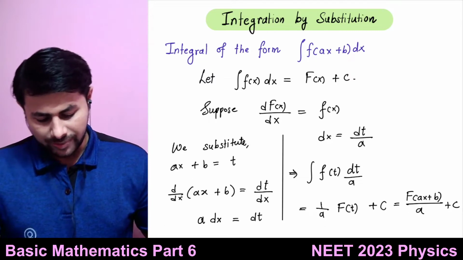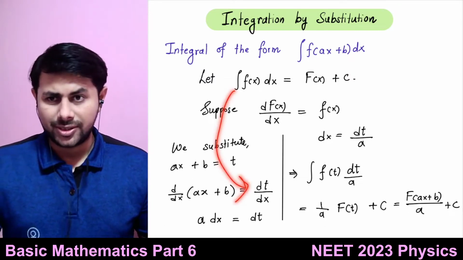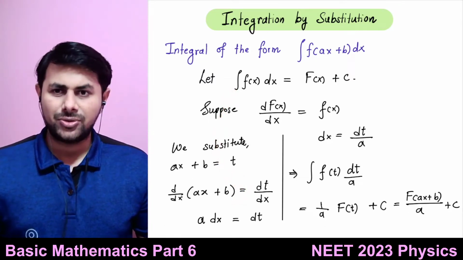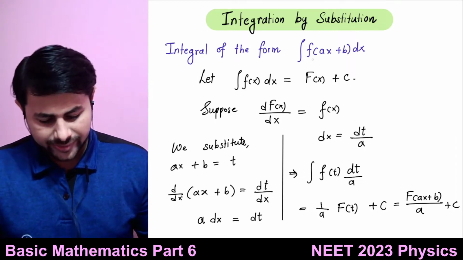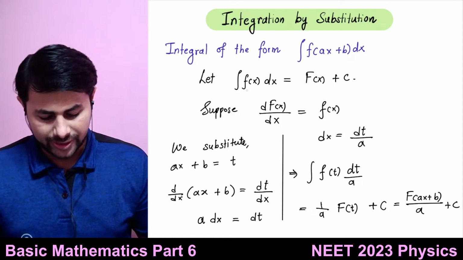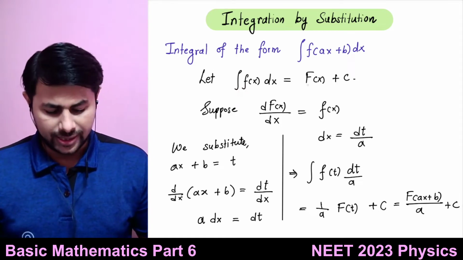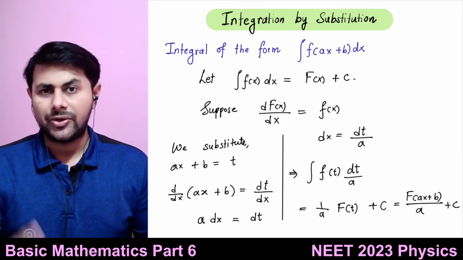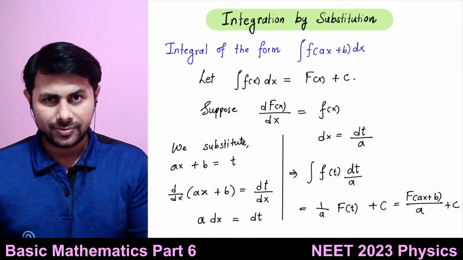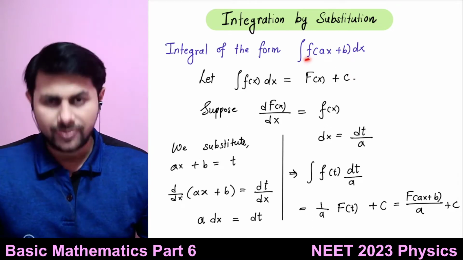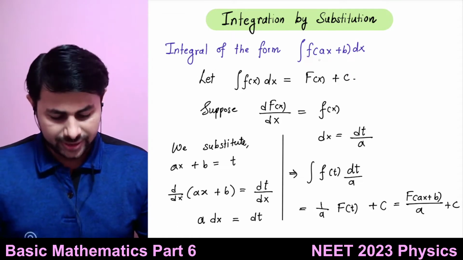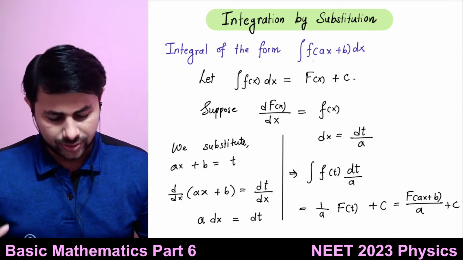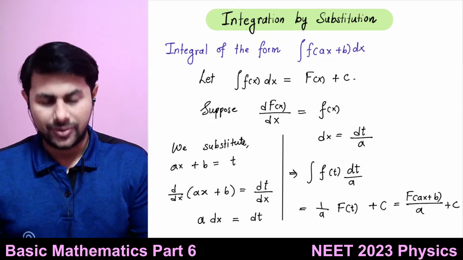If you like, you can follow all of this, but there is no need to do all of this. What you can do is just see the relation between these functions. You have small f and capital F. The derivative of capital F is small f, right? So if you integrate small f, you will get capital F. The small f inside the integration sign is known as the integrand.